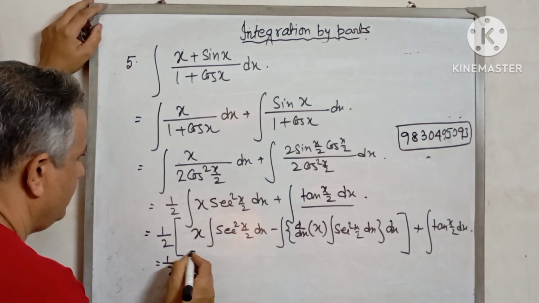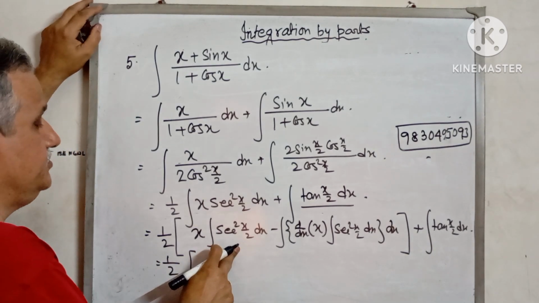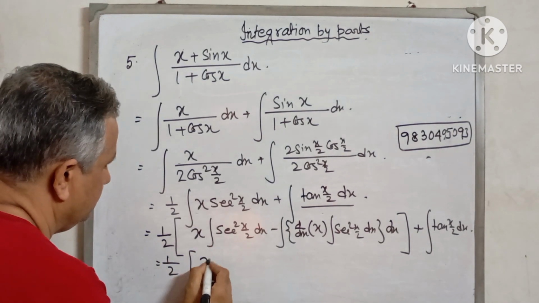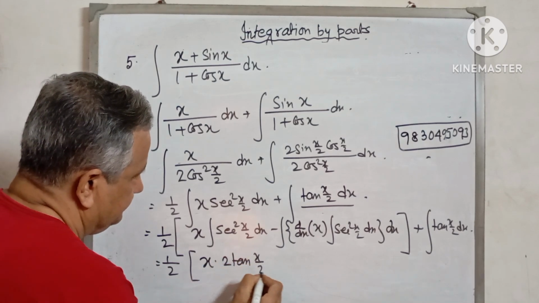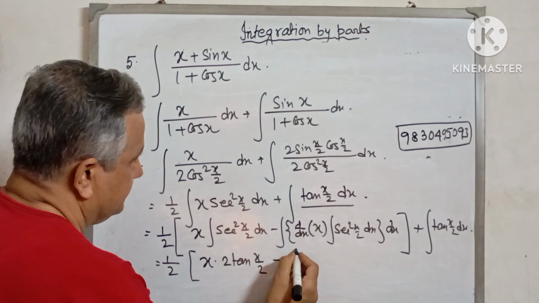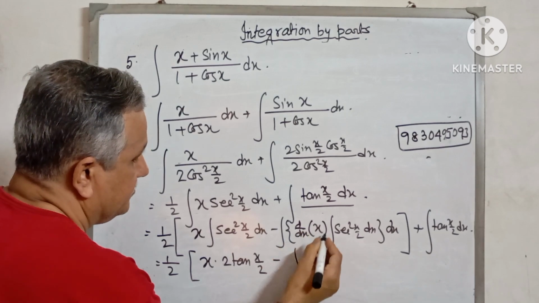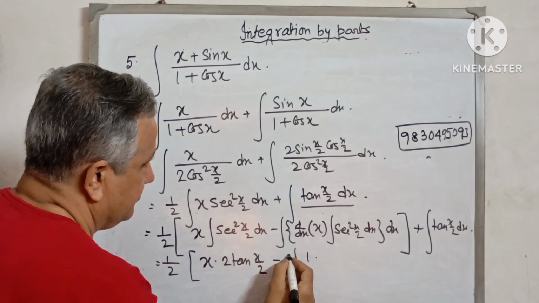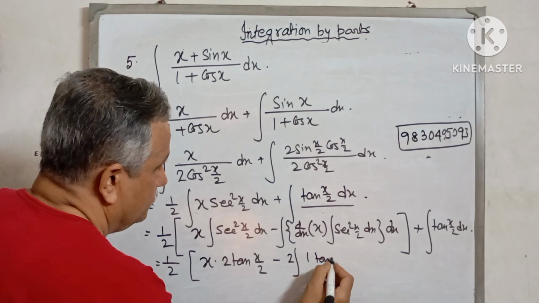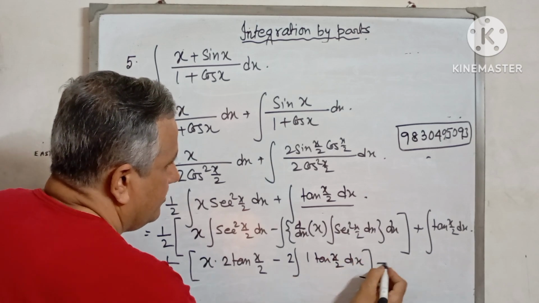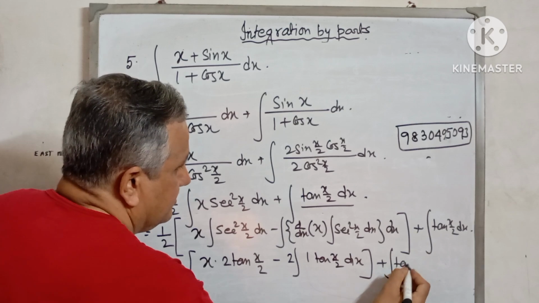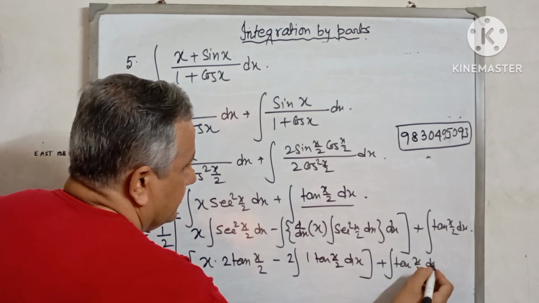Now integration of sec square x by 2 is 2 tan x by 2, minus d dx of x is 1, sec square x by 2 integration is 2 tan x by 2 dx, plus integration tan x by 2 dx.